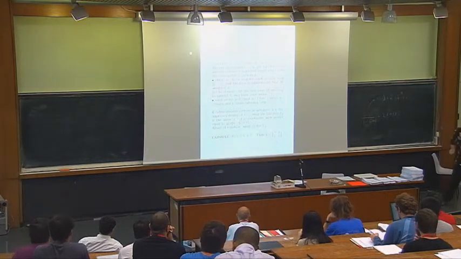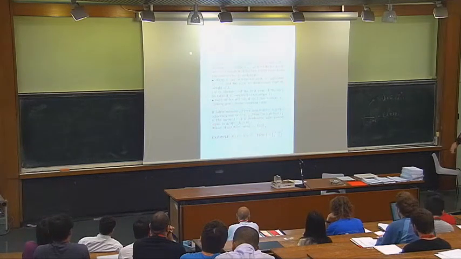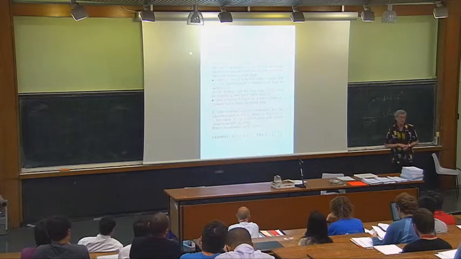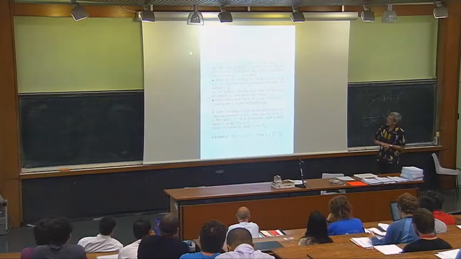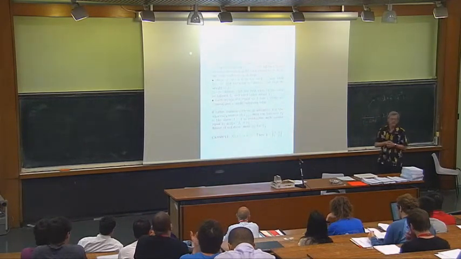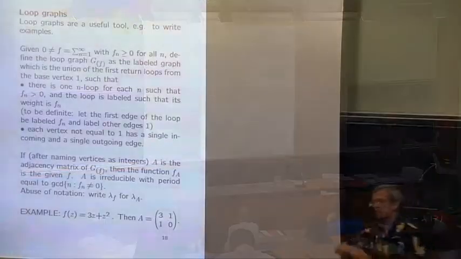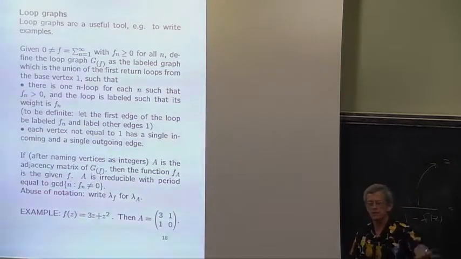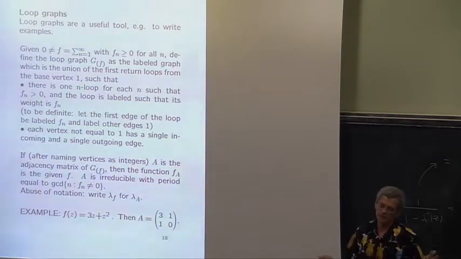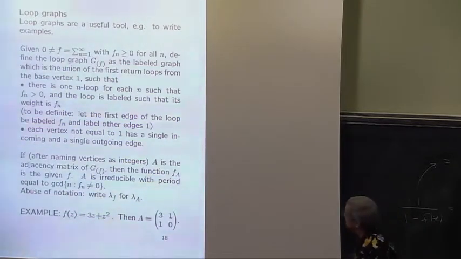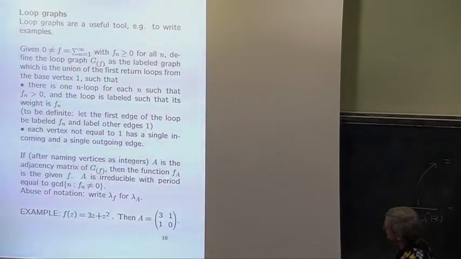Okay, so I'd like to try to give, again, a little more feel for what these classes are like. And for that, it's very helpful to think of loop graphs. Roughly speaking, loop graphs let you throw away the matrix and instead just think of a power series. To me, a power series is easier than a countable matrix. So here are some examples of loop graphs adapted for our purpose.